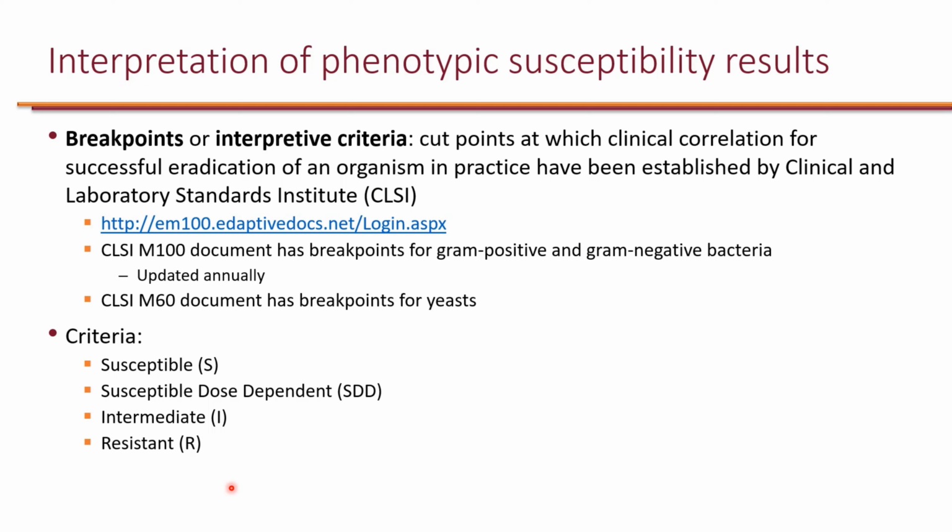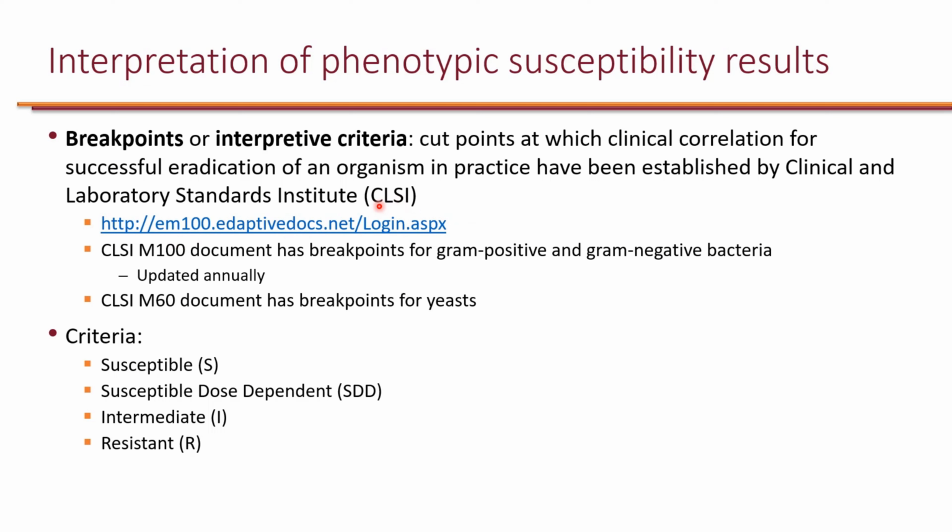So in order to interpret those MICs and see if it's feasible to use that antibiotic, there are criteria. Just knowing the MIC doesn't really tell you whether you can use it or not until you interpret it. And the way we interpret it is that we use CLSI, the organization that gives us the interpretive criteria or breakpoints for MICs. I will show you how to navigate this document.